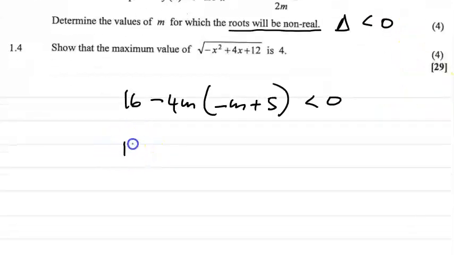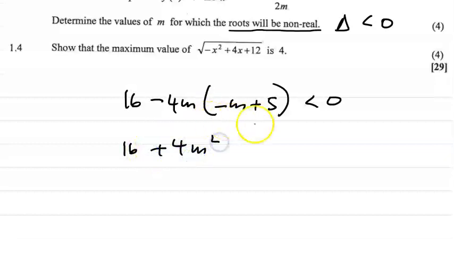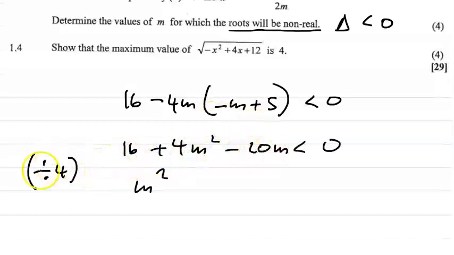So here we've got 16 minus 4m times m is plus 4m squared. So minus 20m divided by 4 will give us minus 5m, and 16 divided by 4 is plus 4, and that will be less than 0.